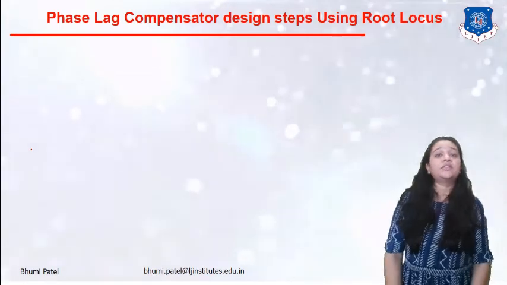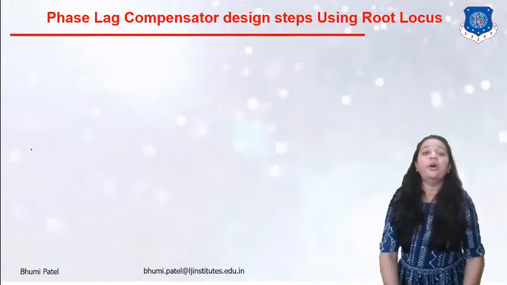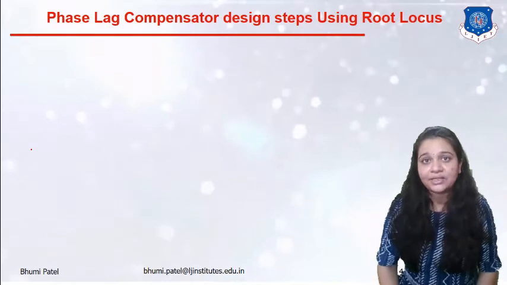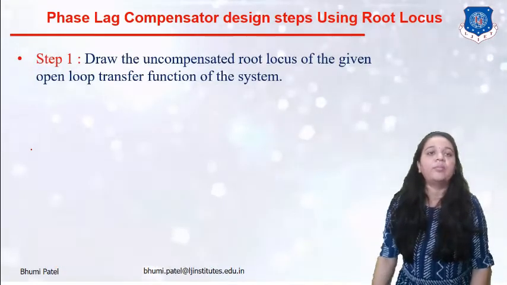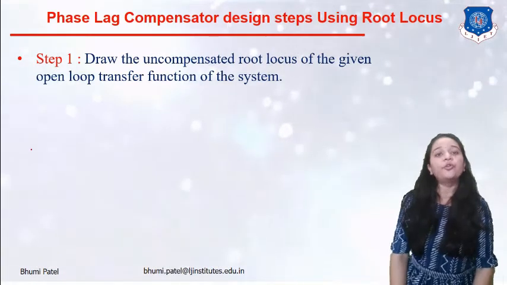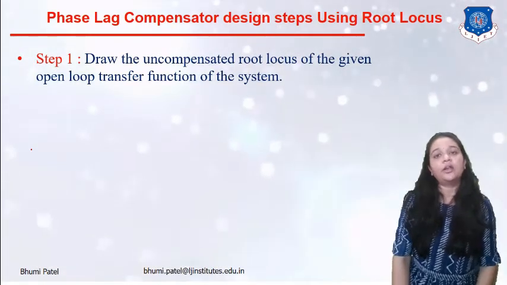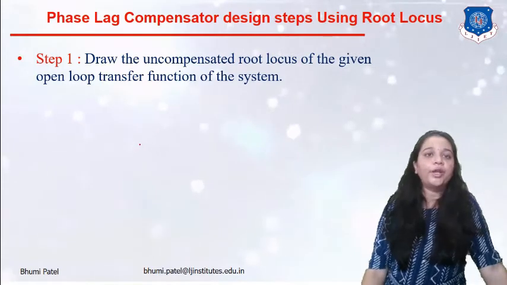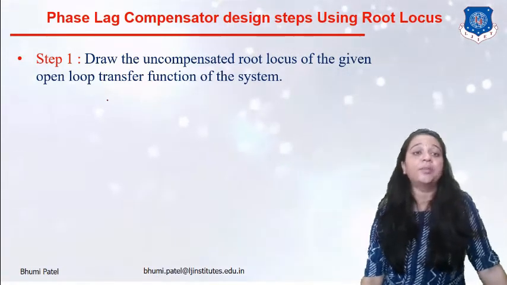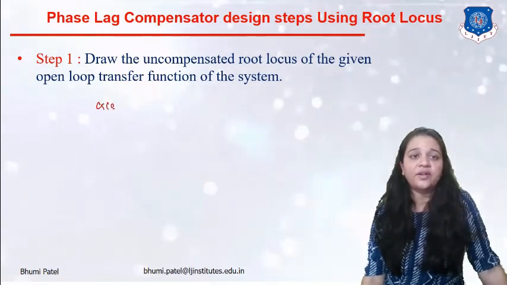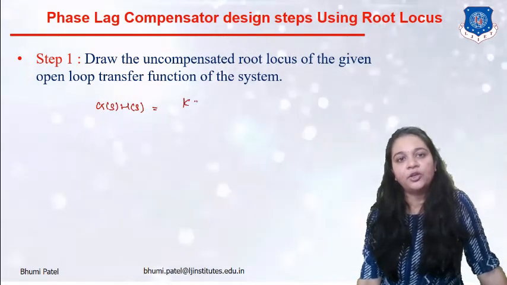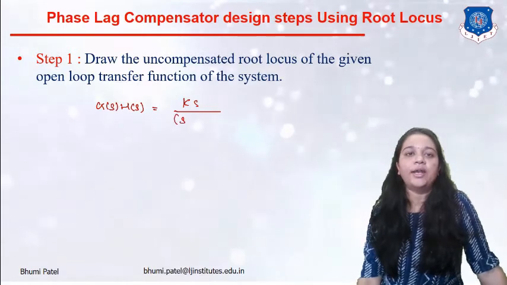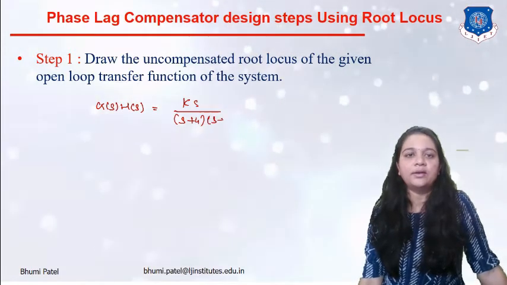Now the next one is the different steps to design a phase lag compensator using the root locus method. Step number 1: we have to draw the uncompensated root locus of the given open loop transfer function of the system. Suppose the open loop transfer function of the system is given as G(s)H(s) equals K s upon (s plus 4)(s plus 10).